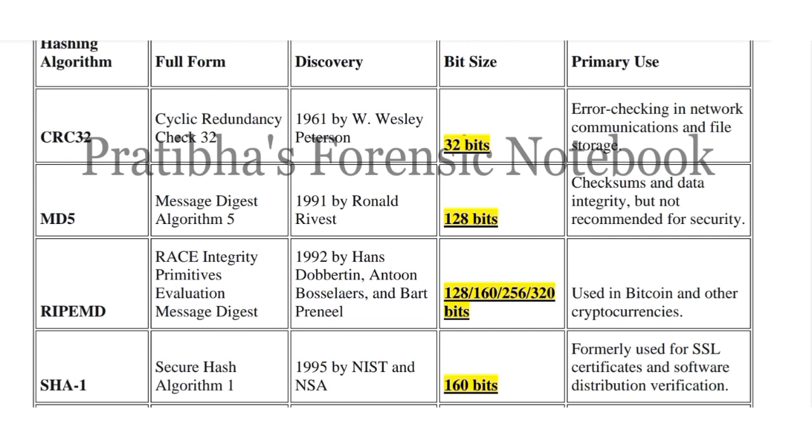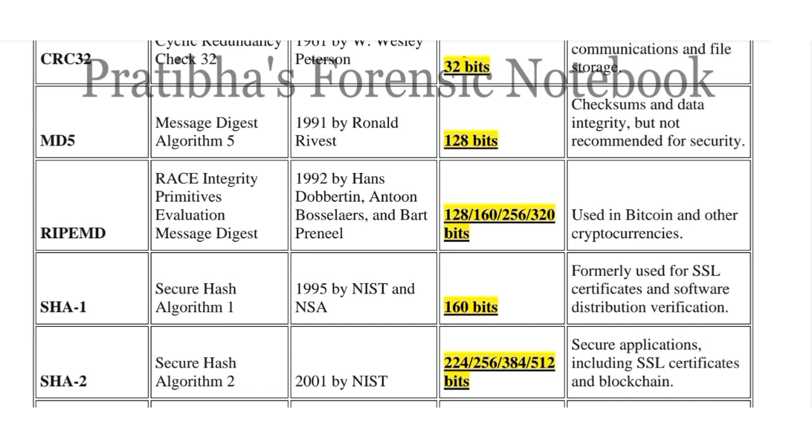Then RIPEMD, RACE Integrity Primitives Evaluation Message Digest, has bit values of 128, 160, 256, and 320 bits, and is used in Bitcoin and other cryptocurrencies. Just go through this table I made so that you can remember the bits used in every hash type and also the full forms, because these simple questions can be asked in the exam.